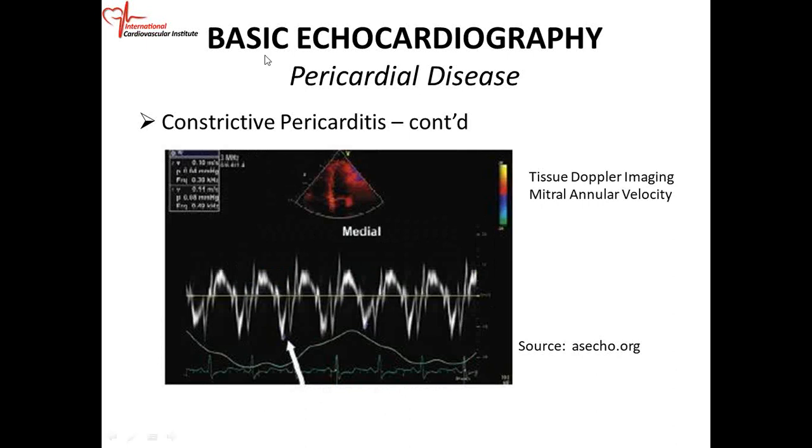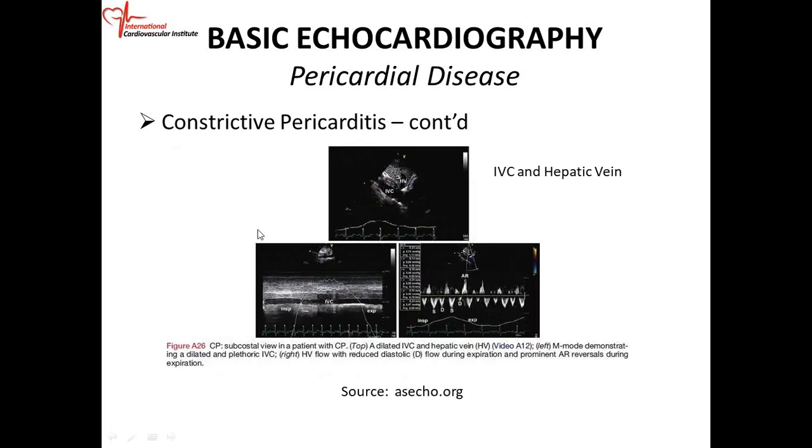Again, because it's not a muscle disease, when you do your tissue Doppler, the medial mitral annulus, you're going to get an exaggerated E prime. Okay, exaggerated E prime. If it was a muscle disease, your E prime would be very small. Okay, all right.